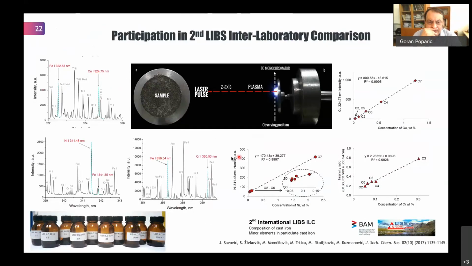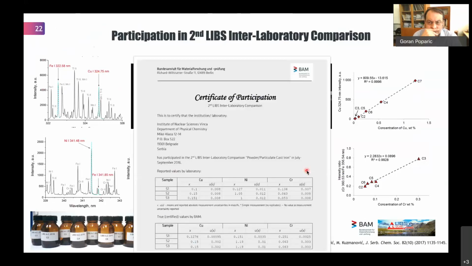We performed TEA LIBS analysis. You can see here that the sample was glued on the sample holder, and we calculated concentrations using these calibration plots, and we got this certificate of participation that proves that our LIBS measurements are accurate.